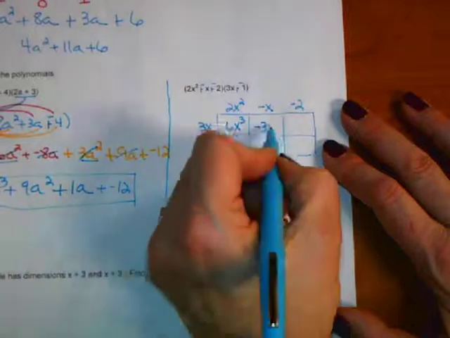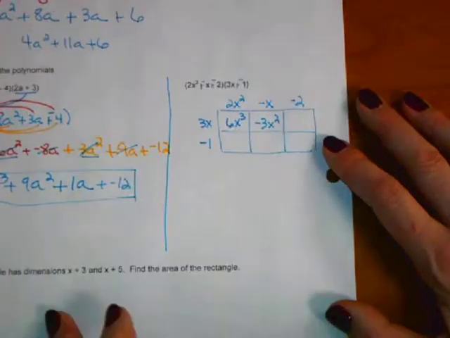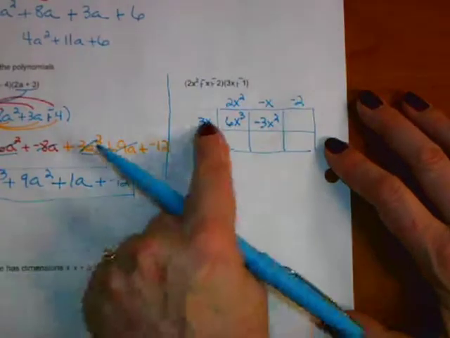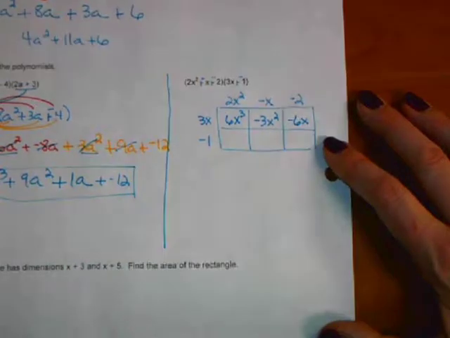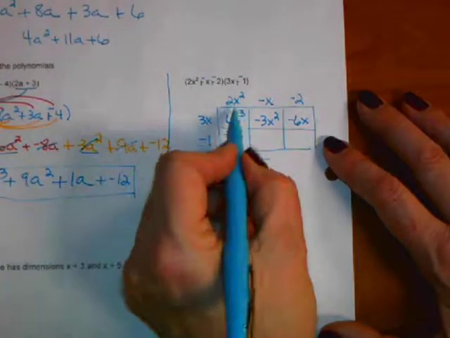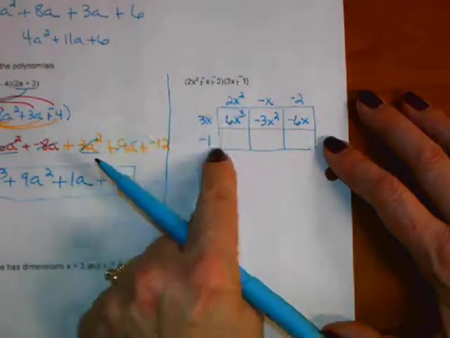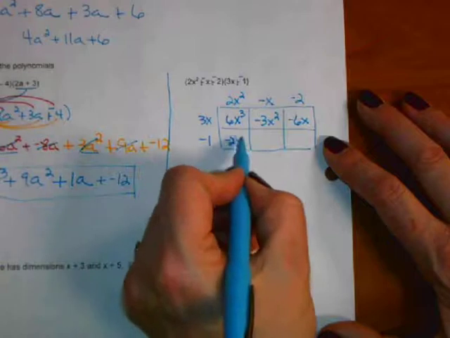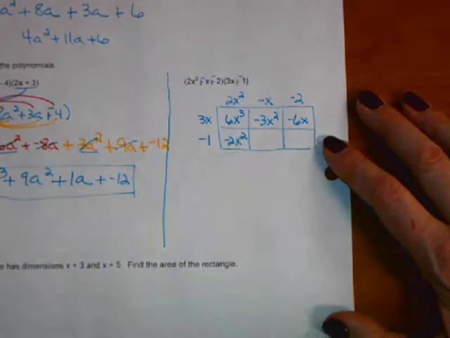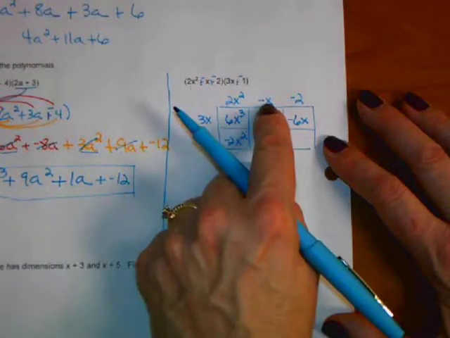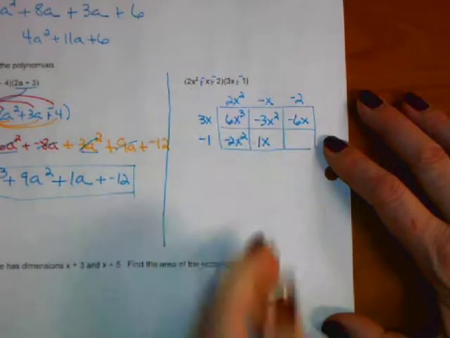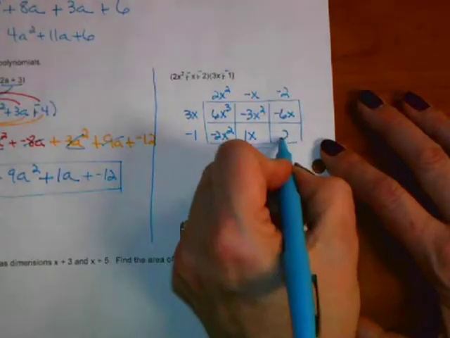X times x is x squared. 3 times negative 2 is negative 6x. This becomes this times this, which is negative 2x squared. Negative 1 times negative 1 becomes positive x, or 1x, however you want to look at it. And this becomes 2.